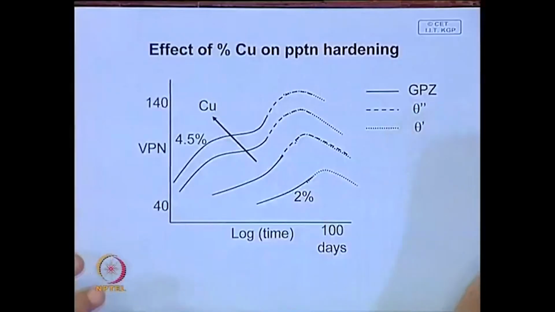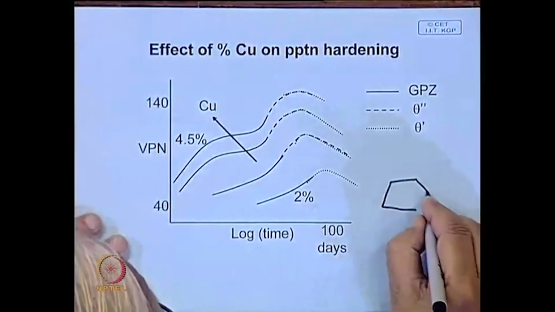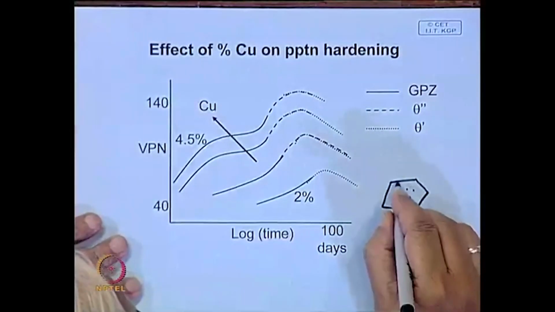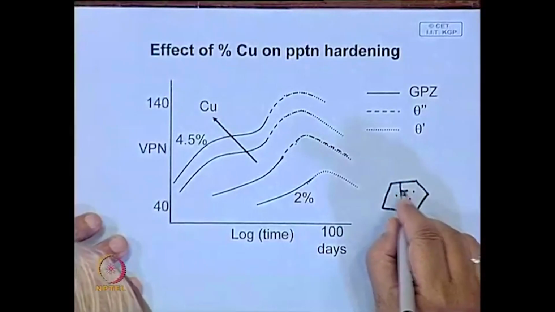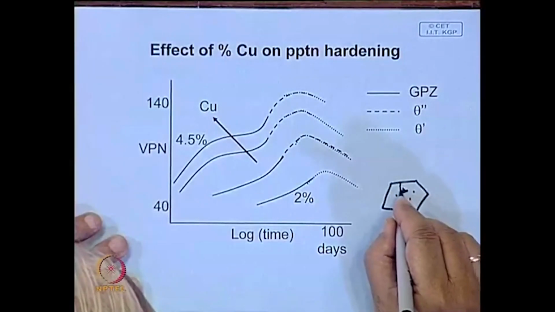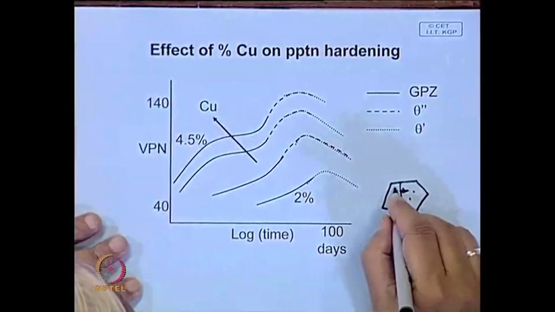So, if you have precipitate in the matrix, it will be difficult for the dislocation to move or cross this precipitate. We will see how this takes place later.